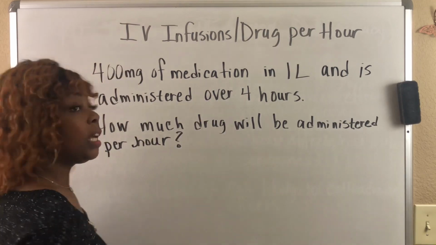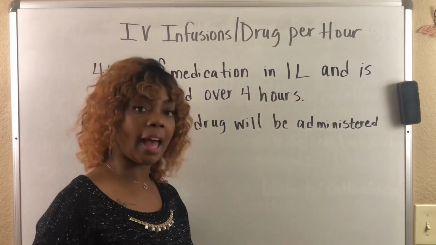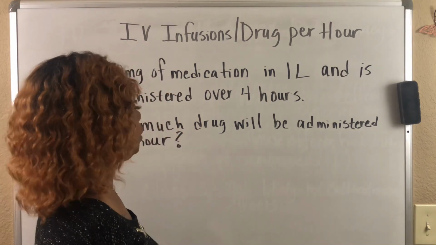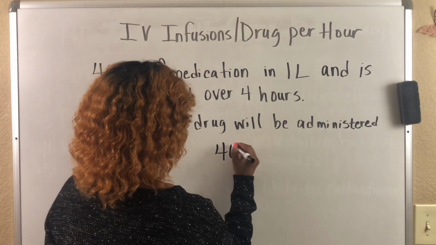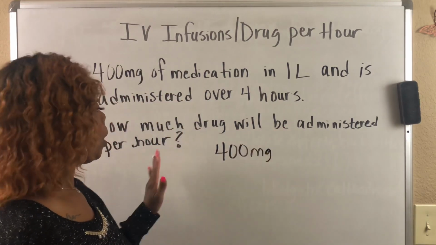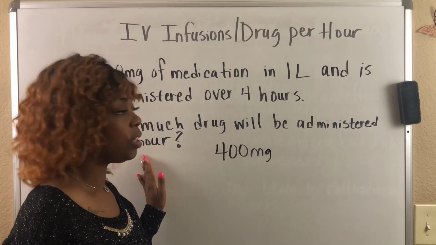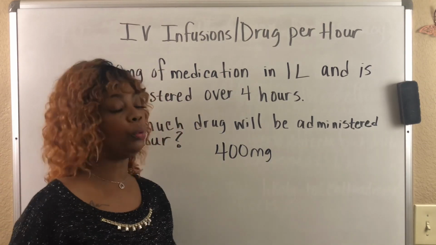All right, so let's take out what we need from this problem. Let's pull out exactly what we need. So it's wanting to know how much drug. We have 400 milligrams of a medication. That's our drug, which will be administered per hour. The only thing that we're going to do is divide. This is simple division.